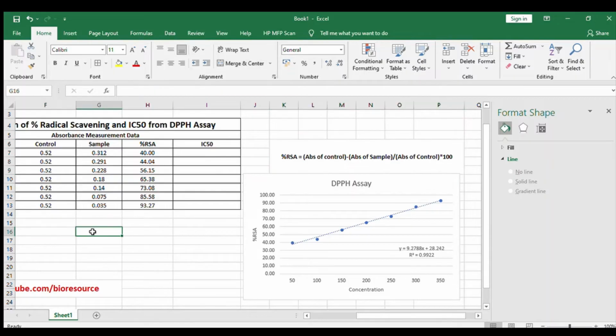So y is equal to mx plus b, where m is the slope and b is the intercept.